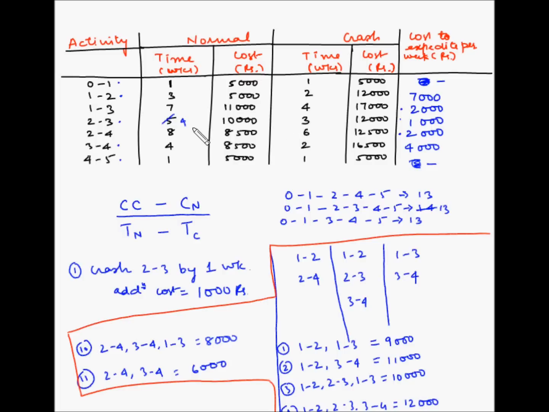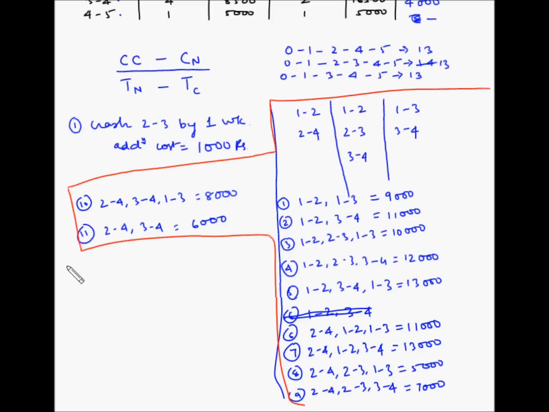So the lowest is 1 week, so we'll crash all the three activities by 1 week. So second is to crash this combination, 2-4, 2-3, 1-3, by 1 week.